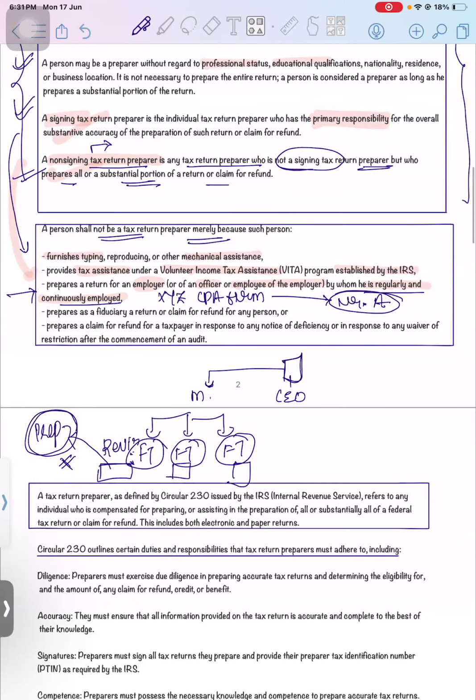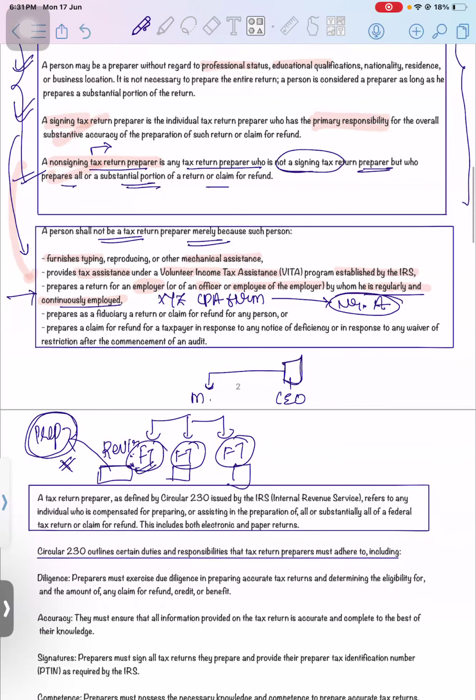The CPA has hired you as a full-time candidate for working on their return, right? 99% of the time this person will only be working on what has been provided as work. But this is an example. Now read this line again: prepares a return for the employer. He is preparing not for himself but for the employer, because he is hired by, let's say, XYZ company.